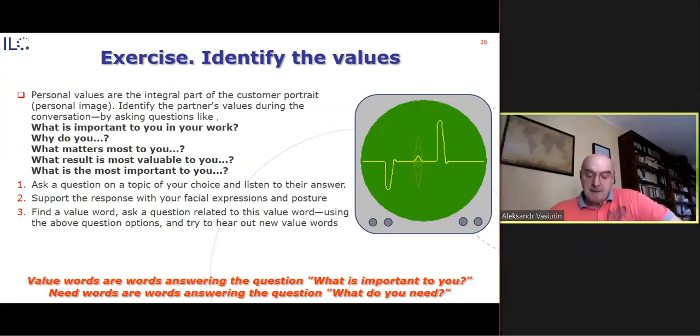He will say, result is important, customer satisfaction is important. And then he starts thinking, there is the result, customer satisfaction, what else is important or may be important to you in your work?